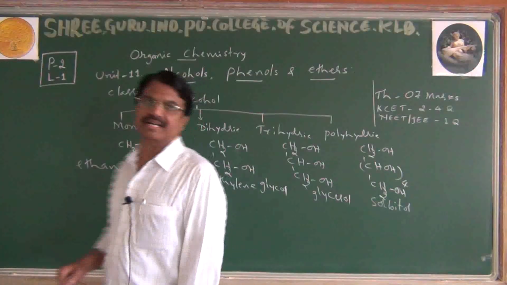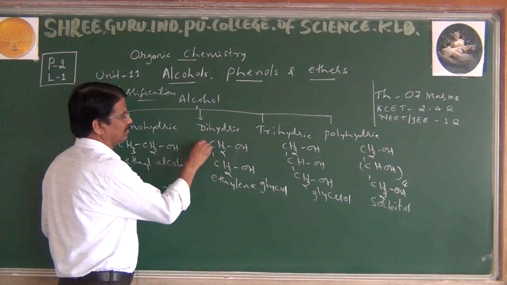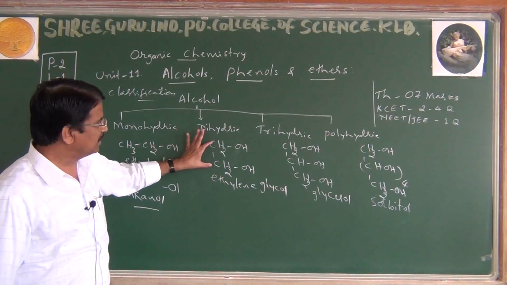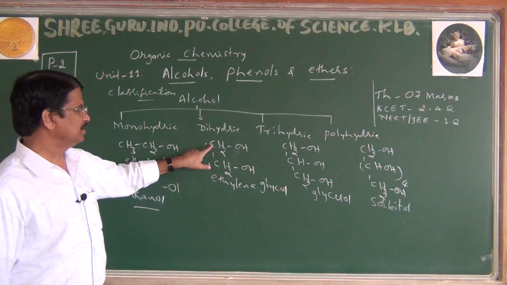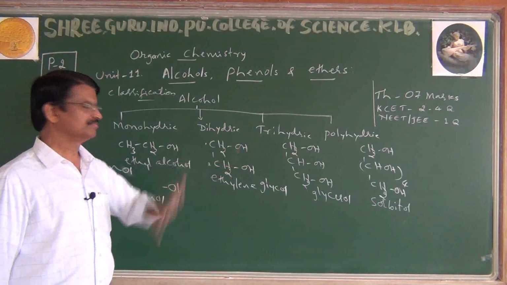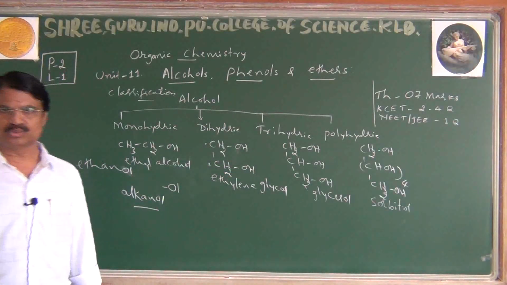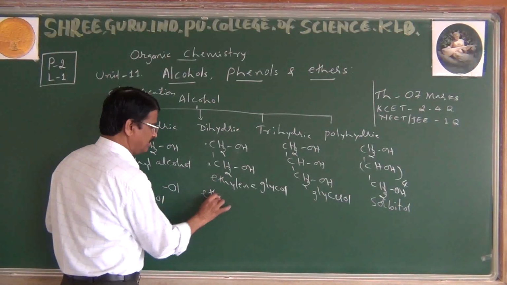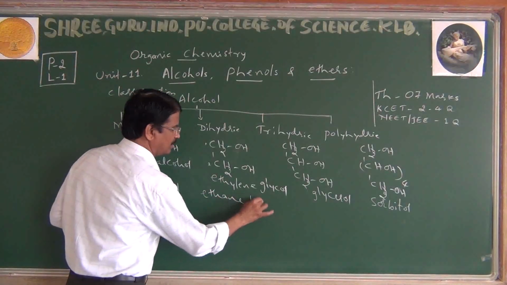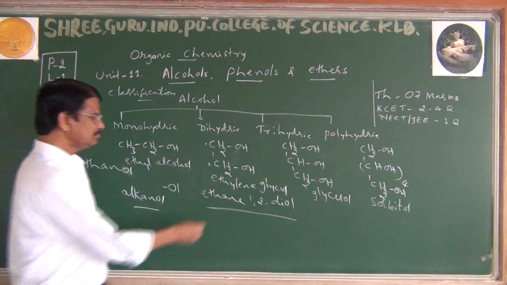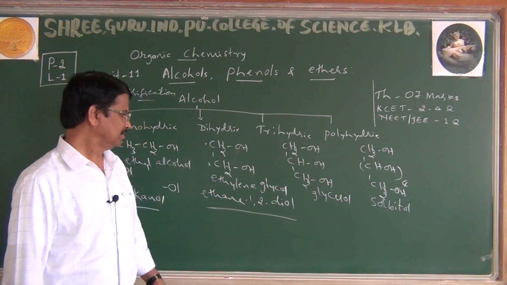Next, dihydric alcohols. Dihydric alcohol, common name ethylene glycol, IUPAC name ethane-1,2-diol. So here you write complete ethane-1,2-diol.